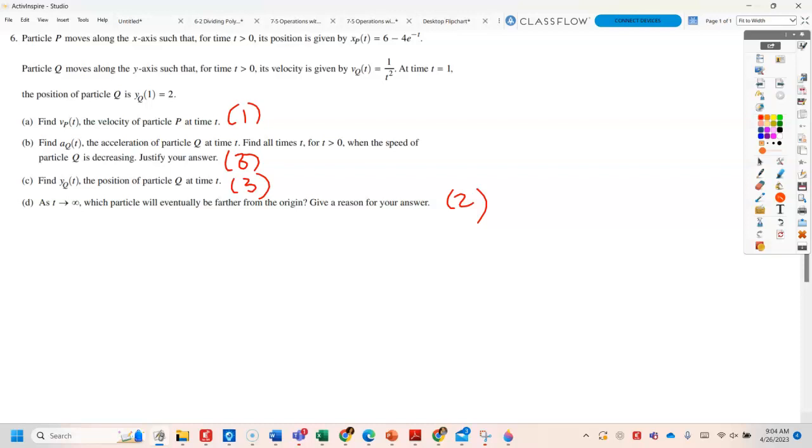So we need to look at the limit as t approaches infinity for both particles. What stinks about this problem is that if you got the answer in part C wrong, you have nothing to take a limit to, because you're taking the limit of the position.